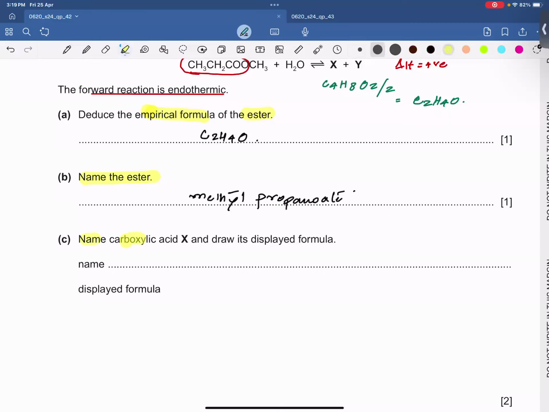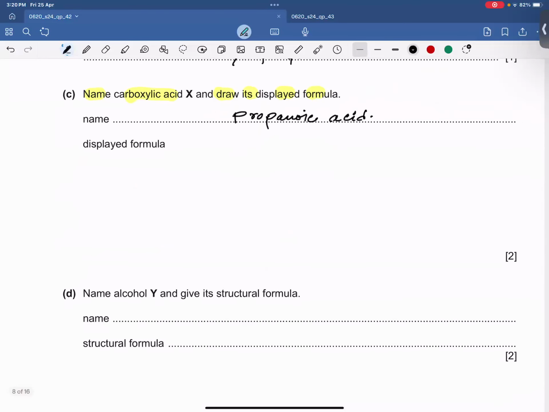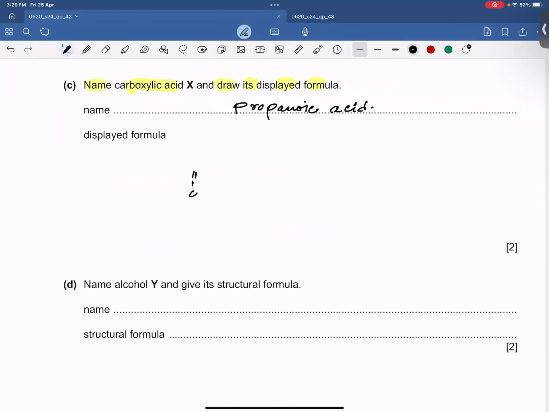Name the carboxylic acid X and draw its displayed formula. Name is propanoic acid. And I told you the displayed structure of propanoic acid in class. You should remember such structures. This is CH3. This is CH2.